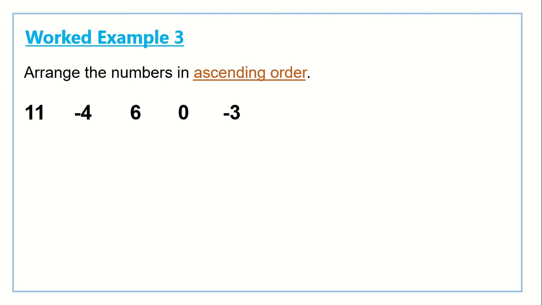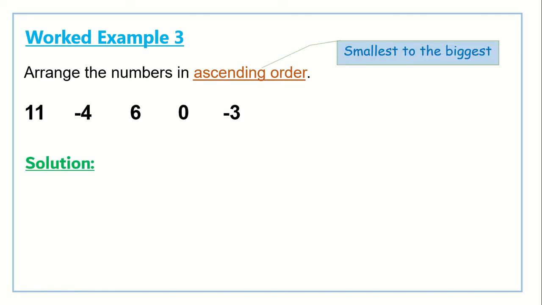Okay? We'll look at another example. Arrange the numbers in ascending order. Remember, ascending order is the arrangement from smallest to the biggest. Okay?